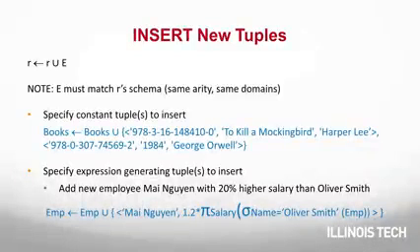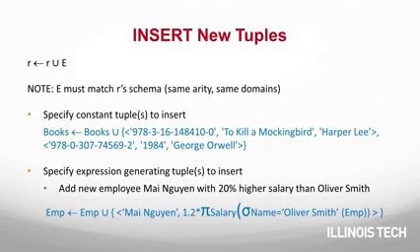Another way to specify adding new tuples is we might give some expression which evaluates to a tuple or a set of tuples that we want to add to the relation. So if we have a relation representing information about all of the employees in the company, we might want to add a new employee, May Wen, whose salary is going to be 20% higher than existing employee Oliver Smith.